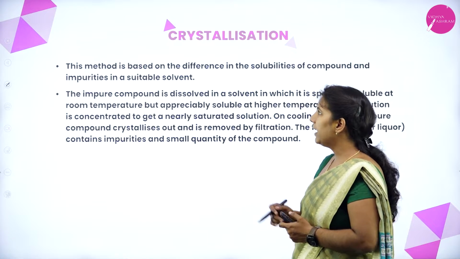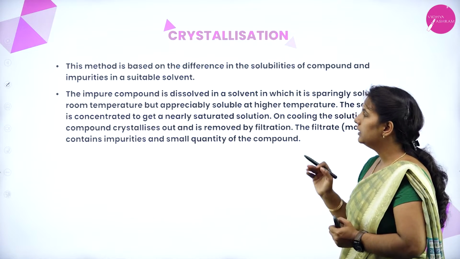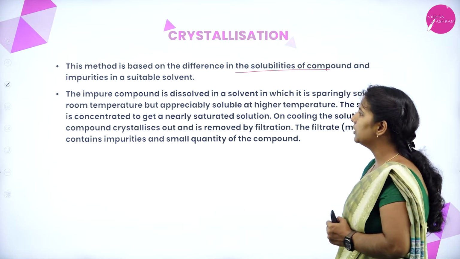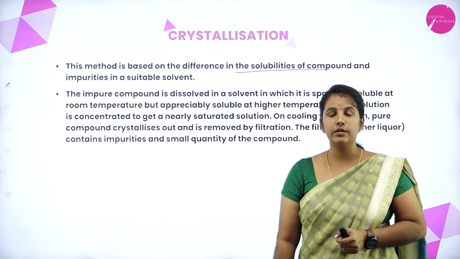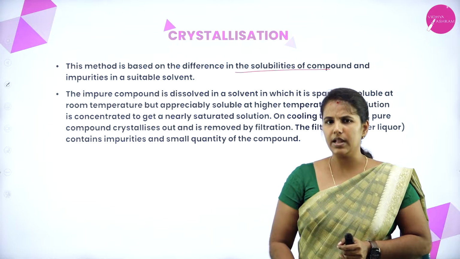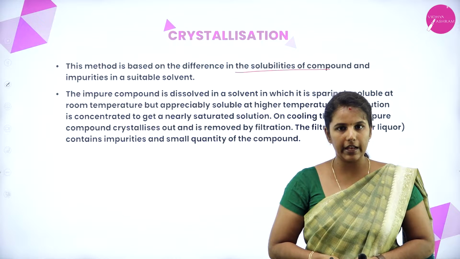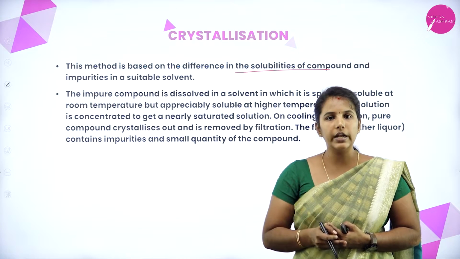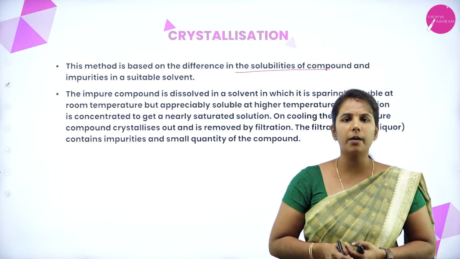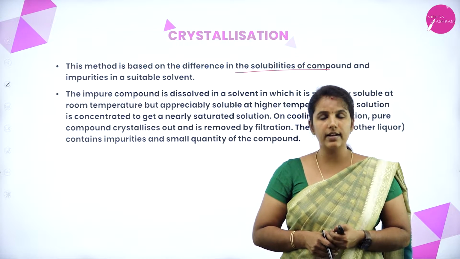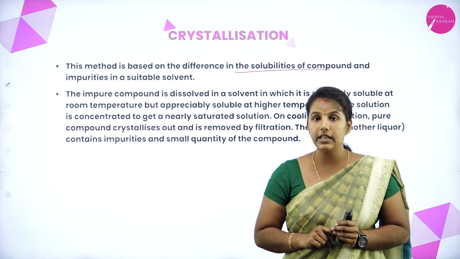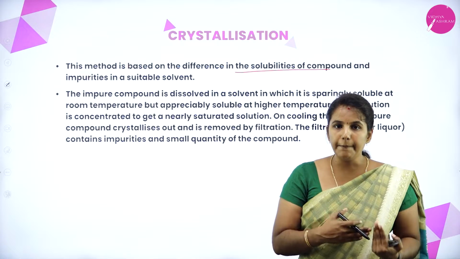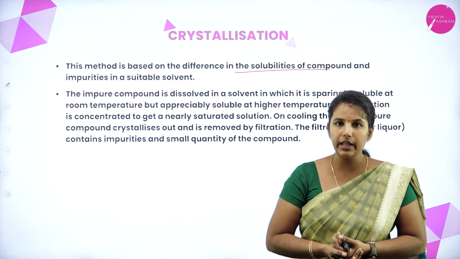Clear? Next is crystallization. This is a method based on the difference in the solubility of the compound and impurities in a suitable solvent. So what does it mean? Here we select the organic compound and dissolve it in a suitable solvent. When you dissolve it, the organic compound will dissolve in your solvent, whereas the impurities will remain insoluble. Based on this principle, we separate the impurities from the given organic compound.